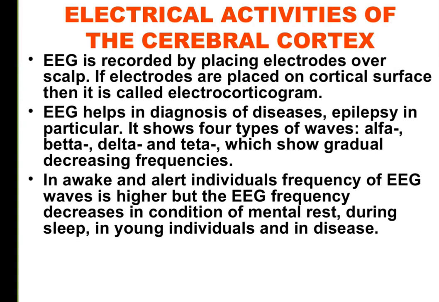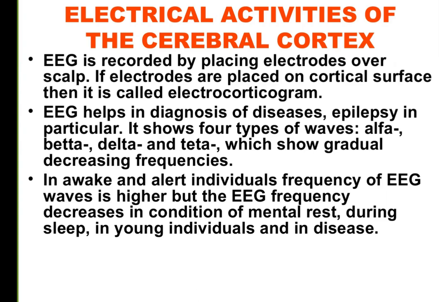In Wikipedia and many modern sources of information, you may find that EEG was discovered by Hans Berger, an Austrian scientist.